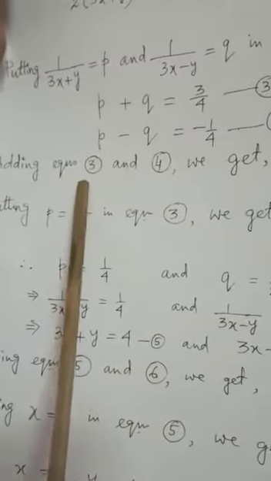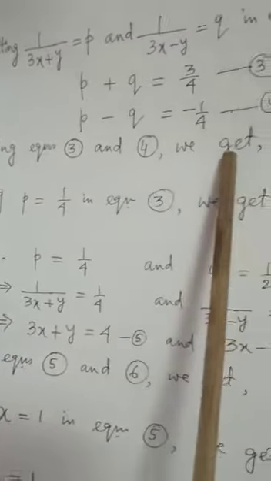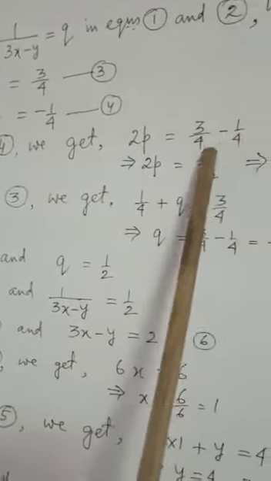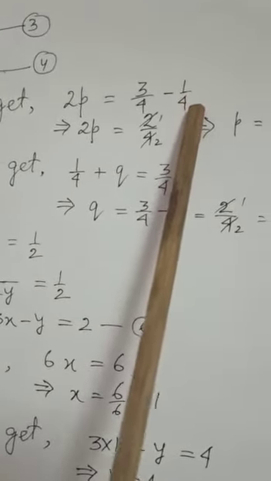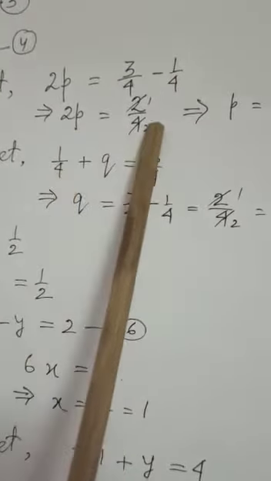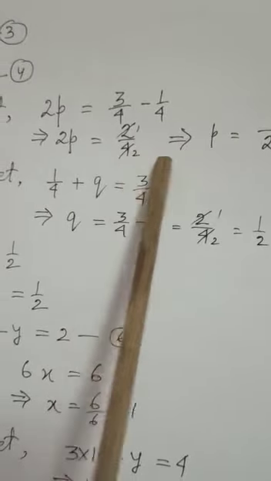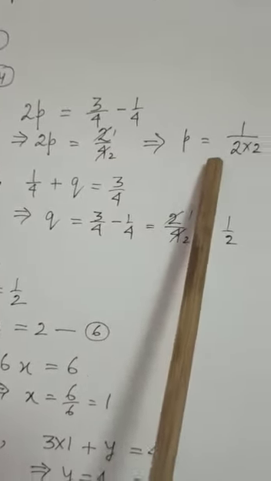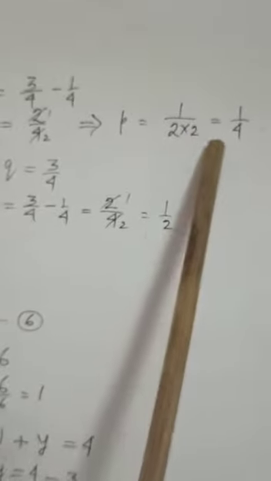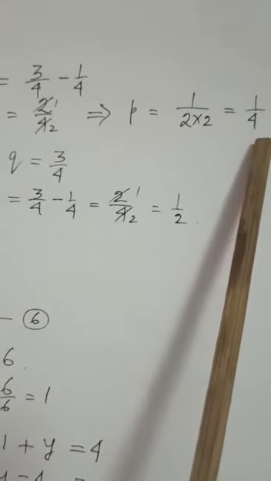So adding equations 3 and 4, we get 2p is equal to 3 by 4 minus 1 by 4. That implies 2p is equal to 2 by 4, that is 1 by 2. That implies p is equal to 1 upon 2 into 2, that is equal to 1 by 4.